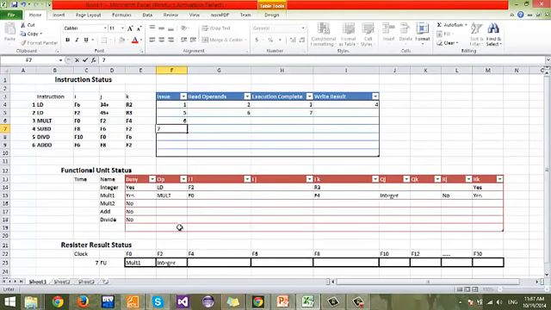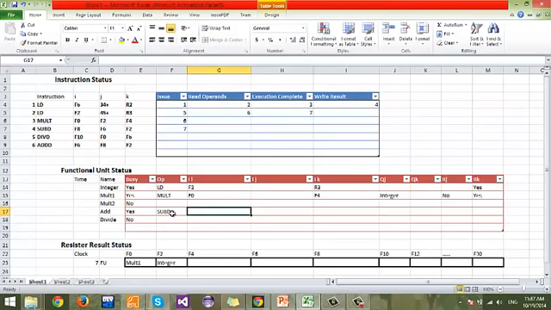Subtraction is one type of instruction with negative sign, isn't it? So it's also an add type instruction. So in clock cycle 7 we issue sub d, and the add functional unit becomes busy for sub d.